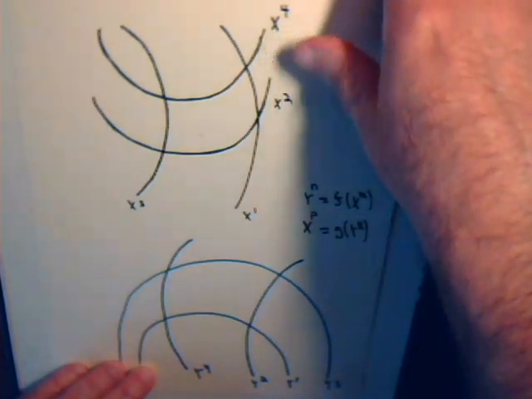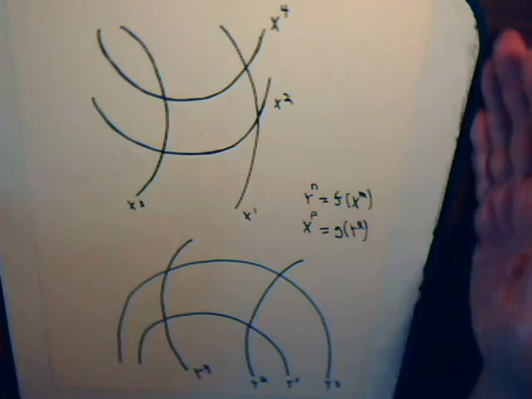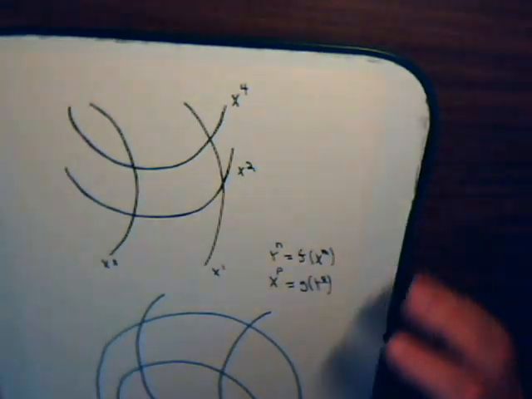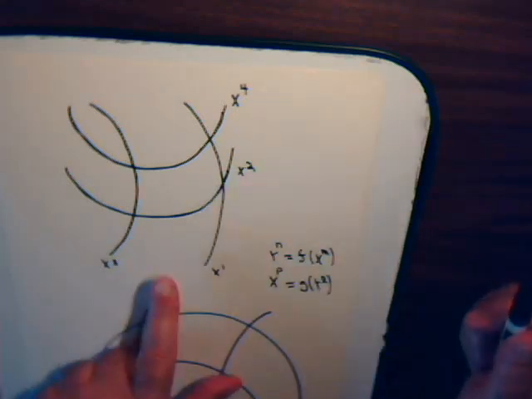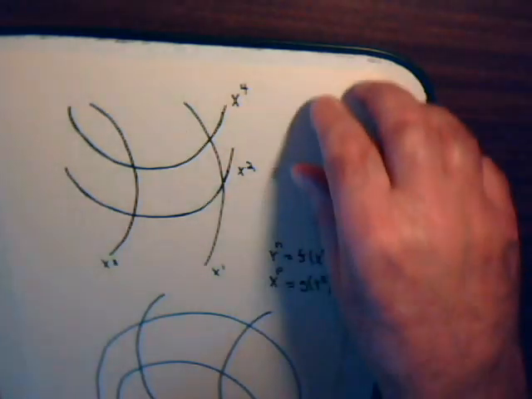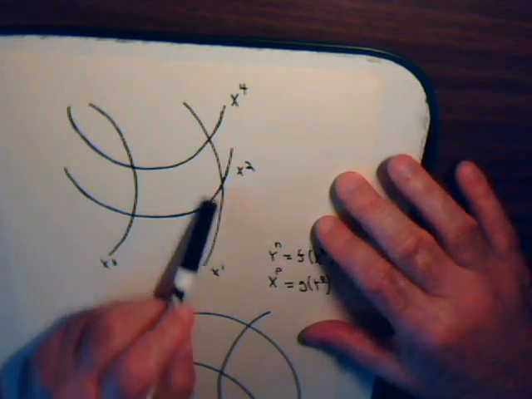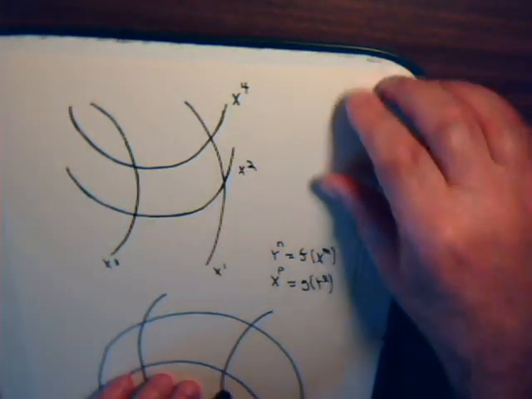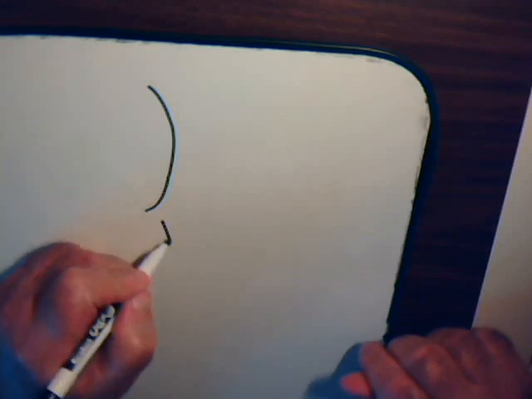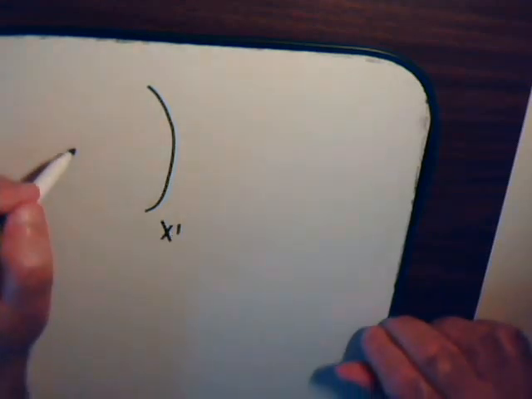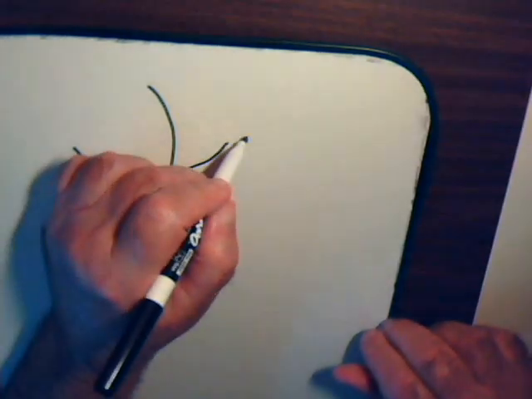Now, in the first video, we considered what happens if we just have, say, a small displacement vector in our x-coordinate system. So let's just draw the x1 and the x2 coordinate axes. x1 looks something like this, and x2 is something like this.